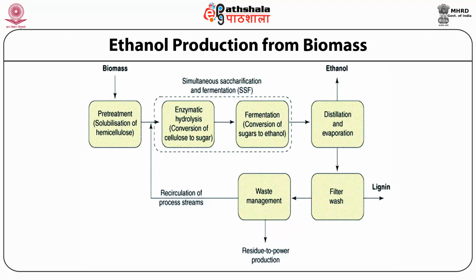And the distillates are filtered, washed and then sent to the waste management process, where the wastes are converted into residues for powder production for other purposes, and the remaining part is recirculated through the process streams, and the lignin is discarded as it doesn't have any fermentative value.